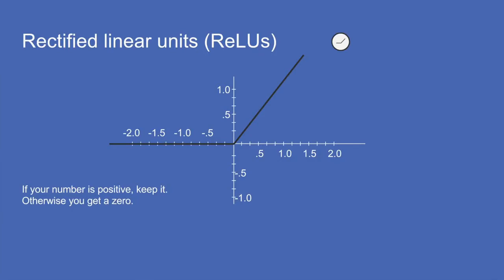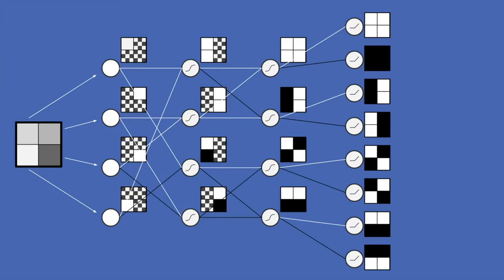If it's positive, you keep the value. This is obviously very easy to compute, and it turns out to have very nice stability properties for neural networks as well in practice. So after we do this, because some of our weights are positive and some are negative, connecting to those rectified linear units, we get receptive fields and their opposites. If you look at the patterns there.